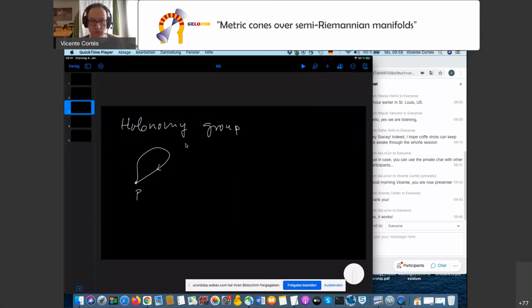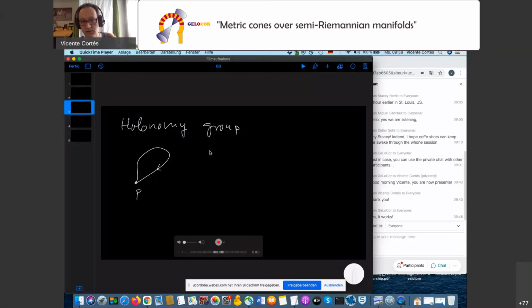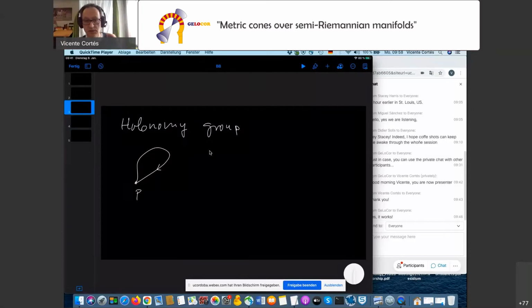I'm using the two terminologies equivalently. For instance, you can see from the holonomy group whether there exists a parallel distribution on your manifold. This would correspond to a subspace in the tangent space which is invariant under the holonomy representation.